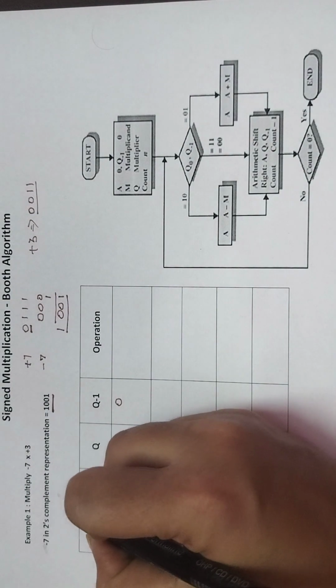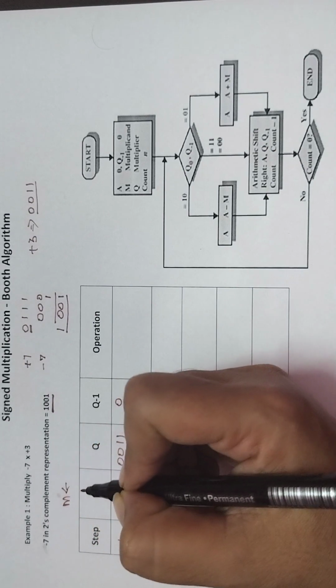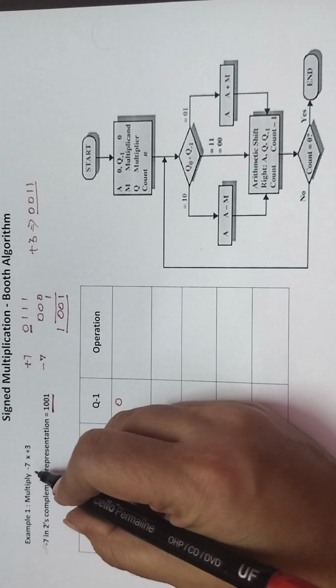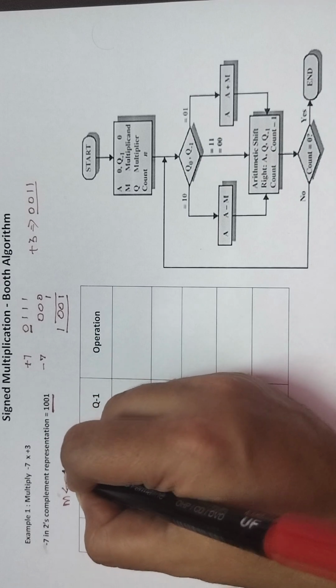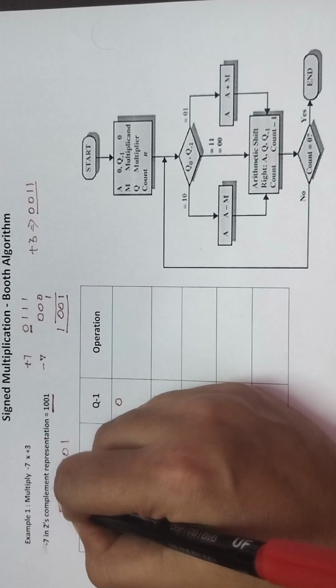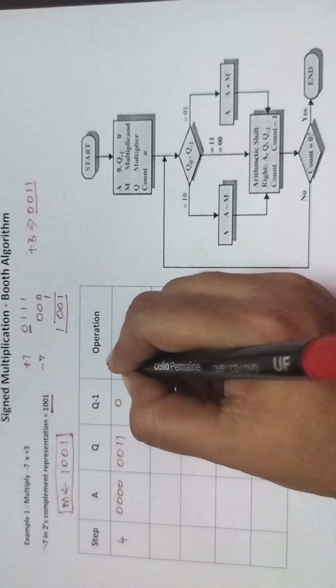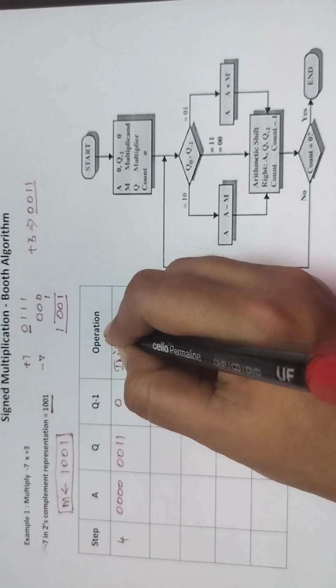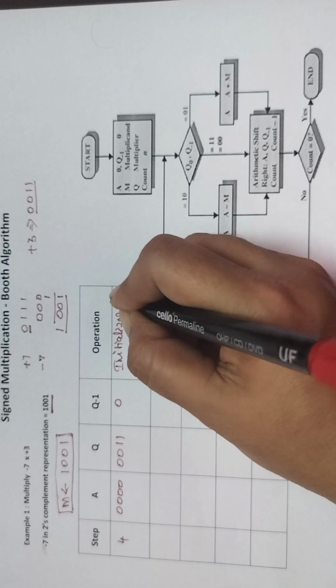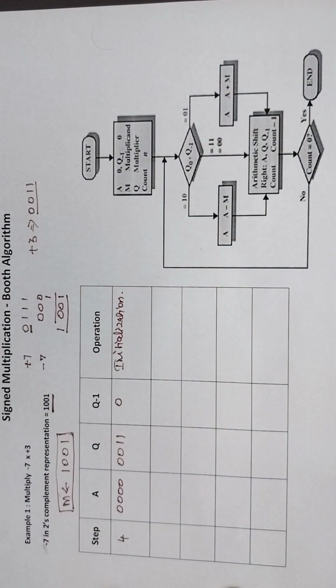And one more register we have used, M, is used to store the multiplicand value. Our multiplicand is minus 7, that is 1001. So we have done with the initialization process.